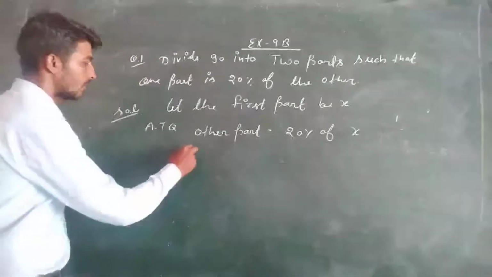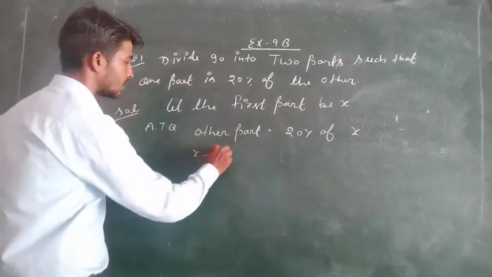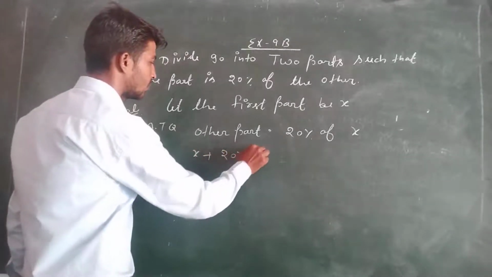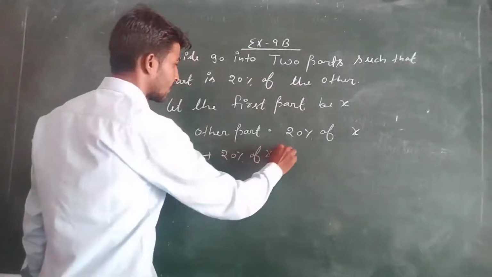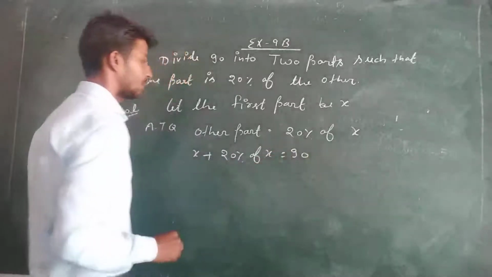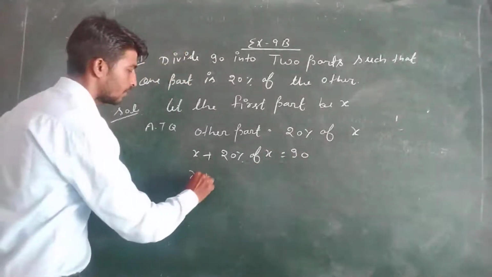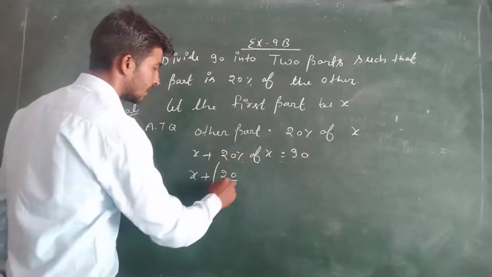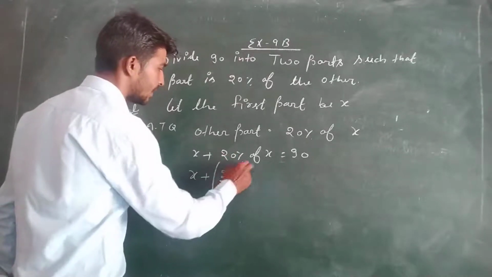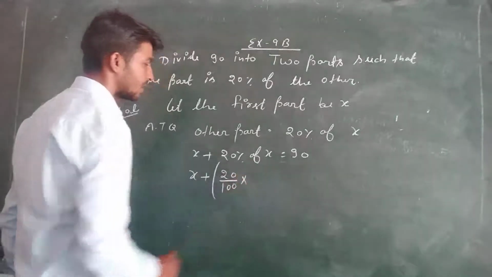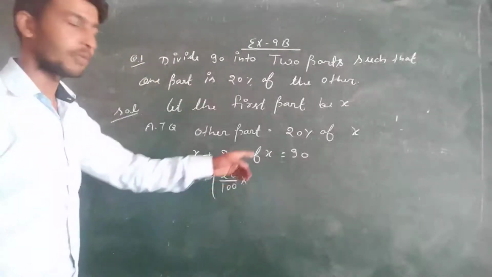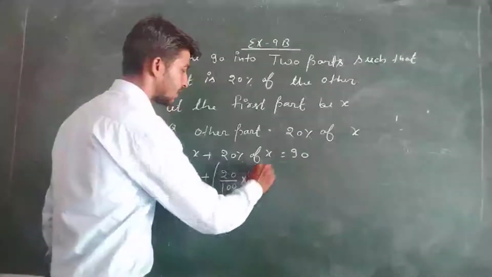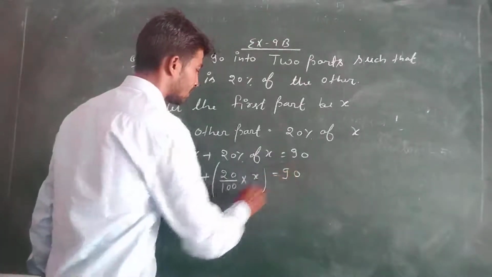So my dear students, we will write here: x plus 20% of x is equal to 90 rupees. Okay, so now we will solve it. Remove the percentage sign, divide by 100, and put the sign of multiplication, and x here is equal to 90 rupees.